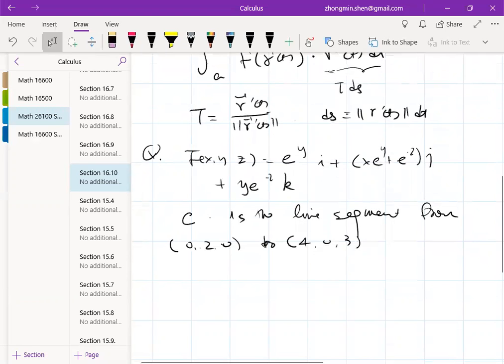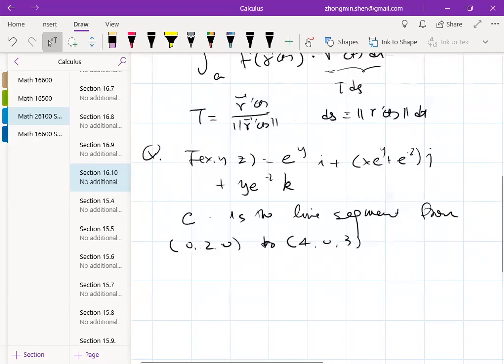How to check if F is conservative? This is a vector field in 3-dimensional space. Remember, the theorem: for a function defined in the whole 3-dimensional space, if the curl of the vector field is 0, then it is conservative.